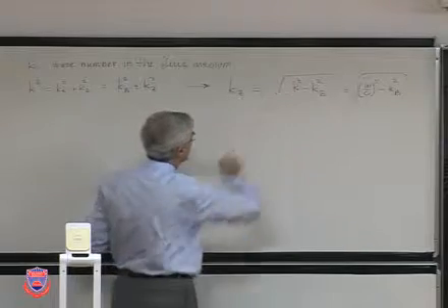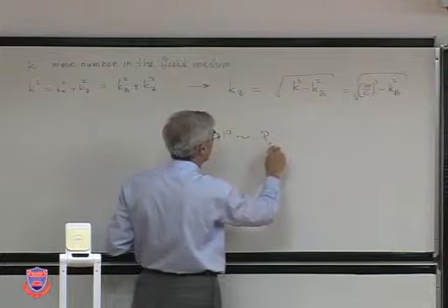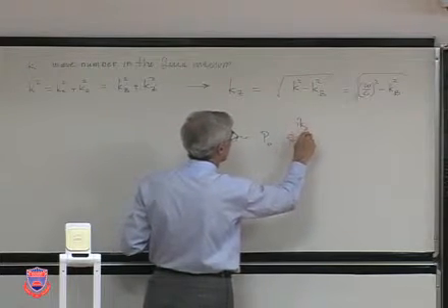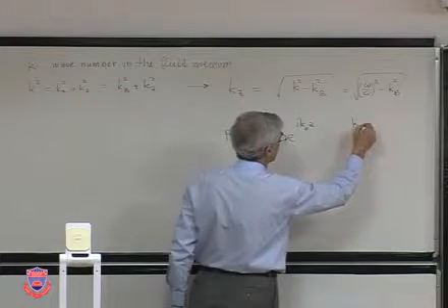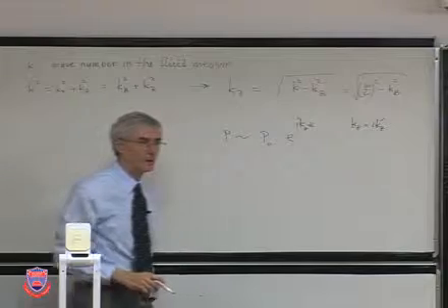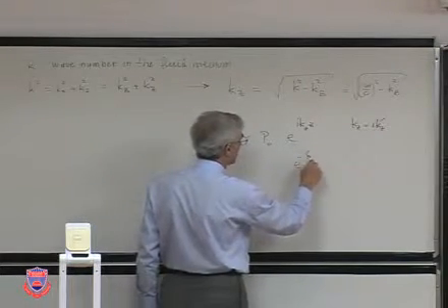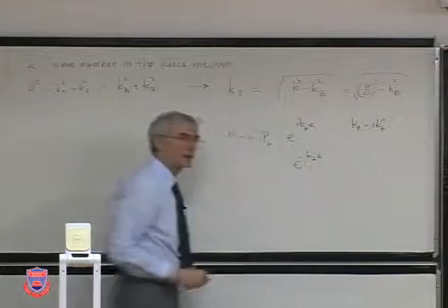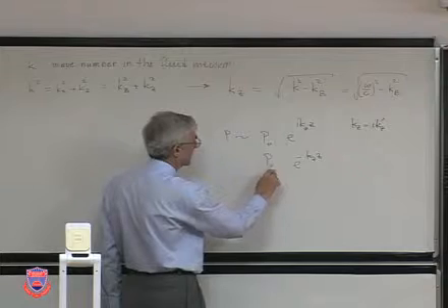If this is imaginary, then you have a pressure e to the i kz z, and if kz is a purely imaginary number, what you would have then is an exponential decay in z direction, okay?